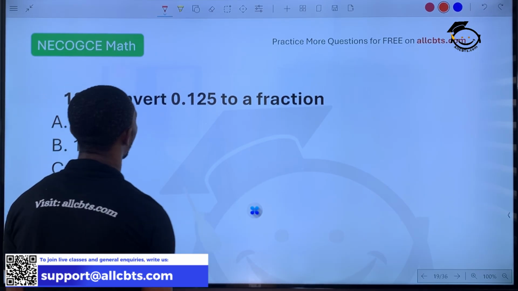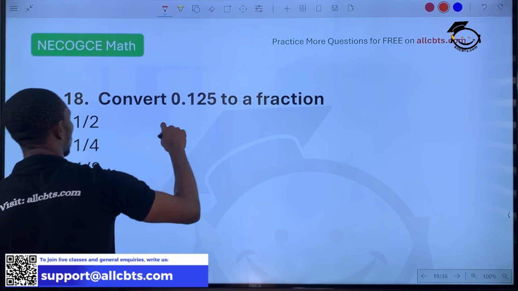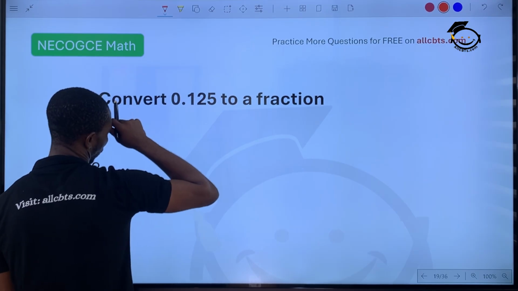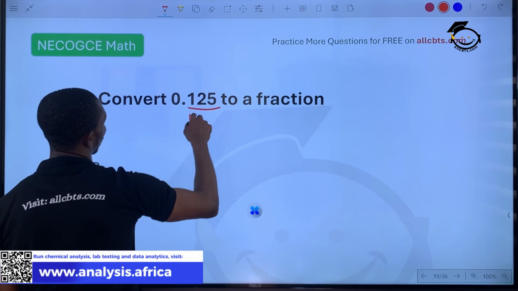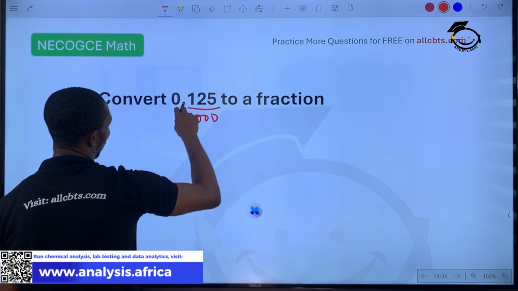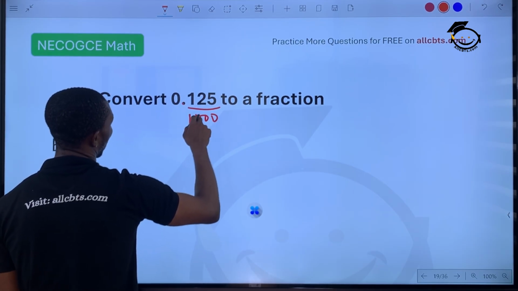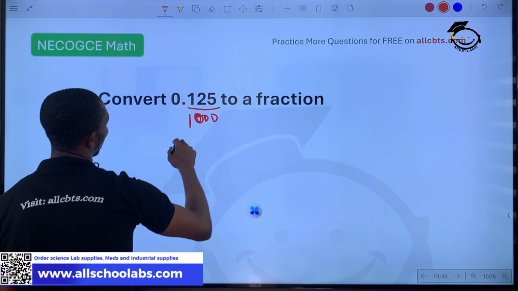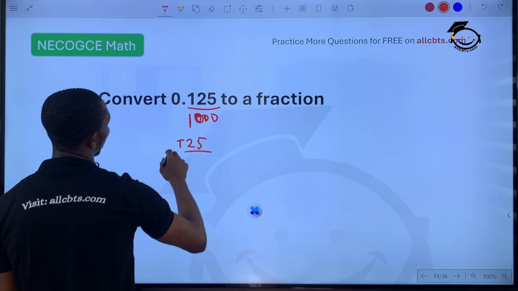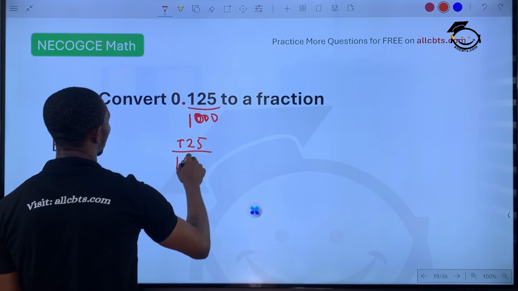Convert 0.125 to a fraction. So now, in converting this to a fraction, how many digits do we have here? We'll introduce 3 zeros. This point becomes a 1, and we add 1, 2, 3 zeros since we have 3 digits. So this becomes 125 over 1000.